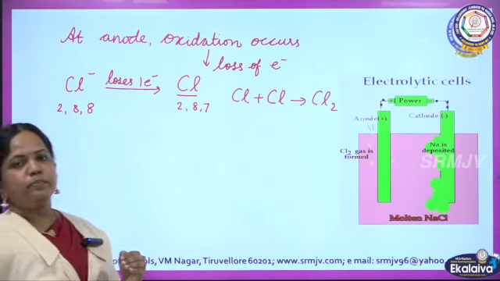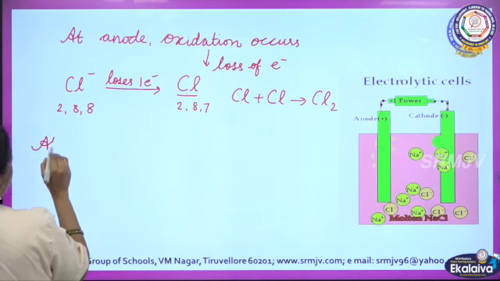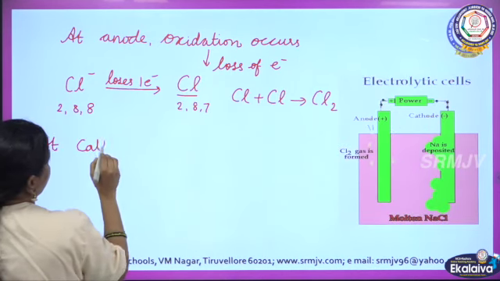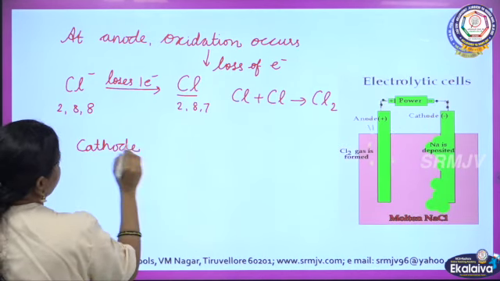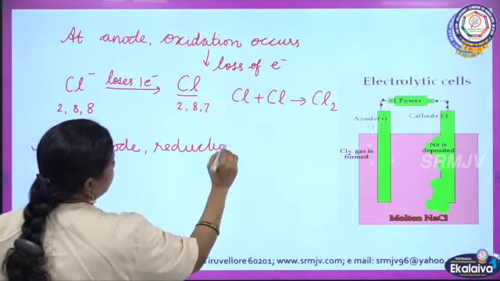At the cathode, sodium ions migrate. So at the cathode, reduction occurs.